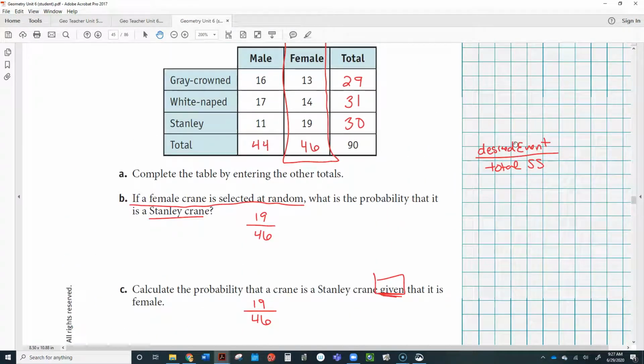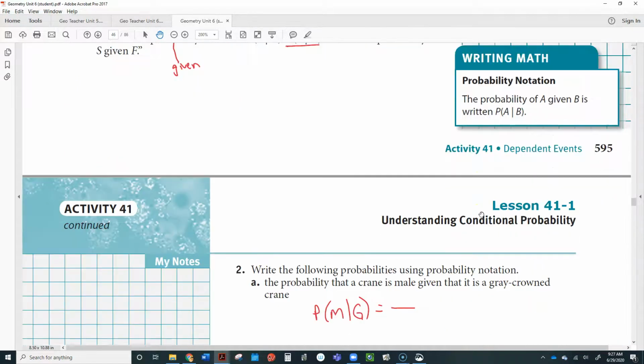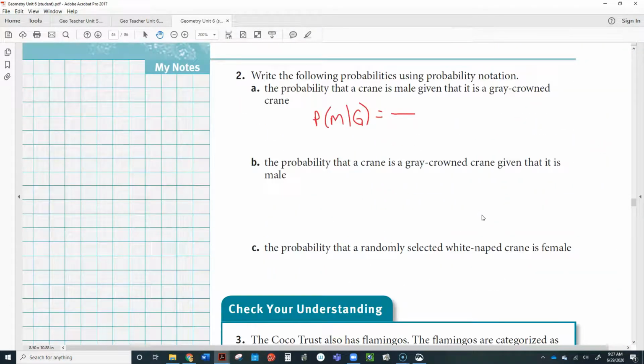That would be this one right here. We know that it's a gray crown. So 29 is going to be the number on bottom. And what are the chances that it's male? So 16 over 29 would go right here. 16 is the number of male gray-crowned cranes, out of 29.